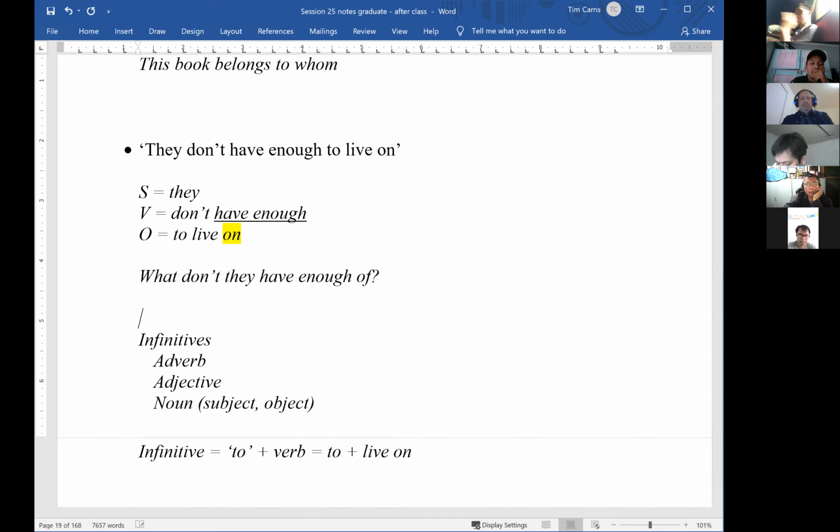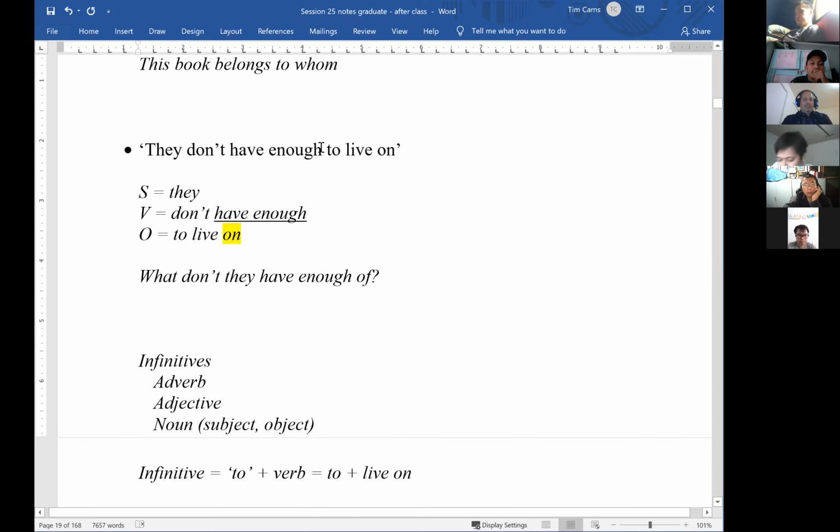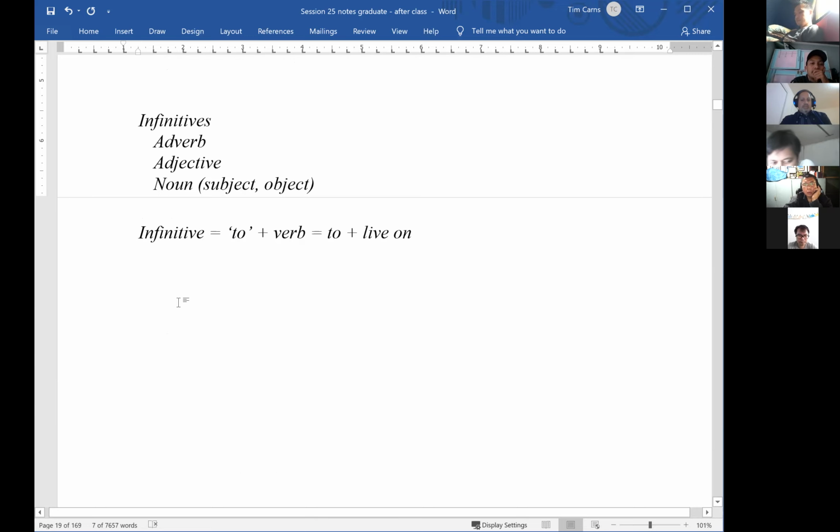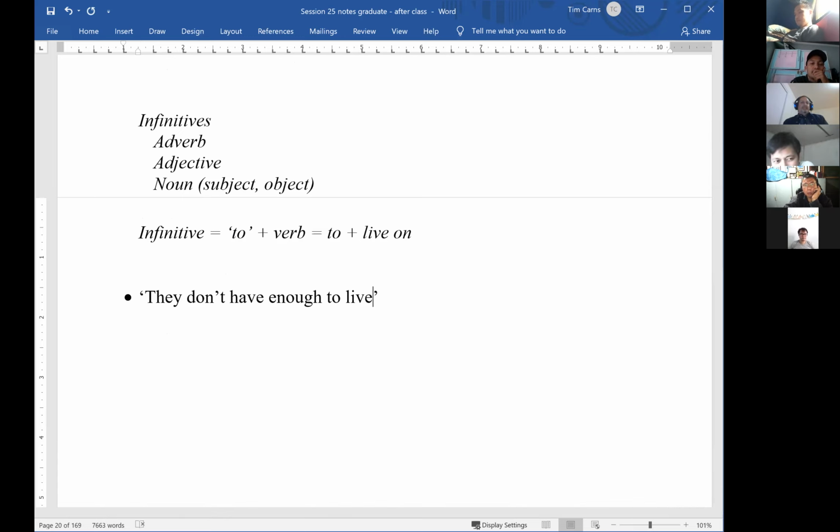And even too, in English, you could say this. Here, let's do this just to keep it distinct. You could say they don't have enough to live. That's another way that we would say it in English. But to live on implies the idea of they don't have enough money to earn a living.